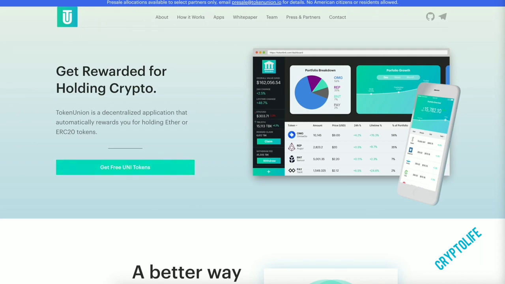Distribution of rewards. Every time the commission is paid, 100% of the amount received is distributed among users through tokens stored in storage contracts in the TokenUnion network. TokenUnion is not transferred any part of the commission for withdrawal. TNV is a total expressed in Ethereum value of all tokens in the TokenUnion network.